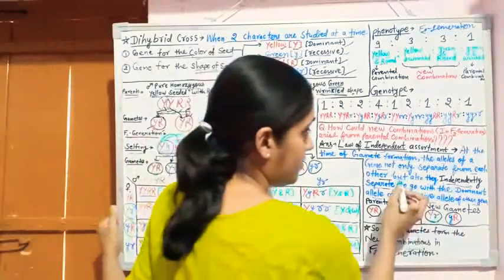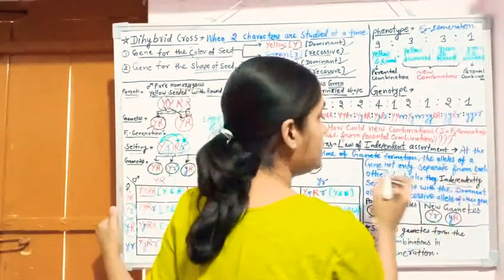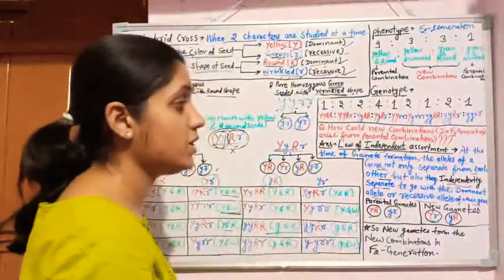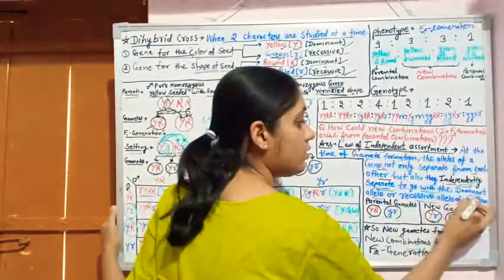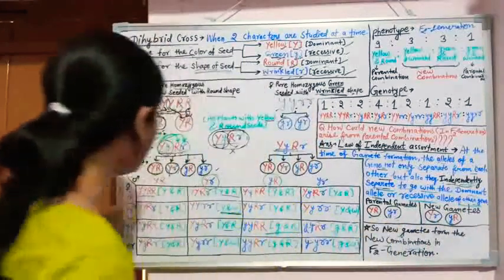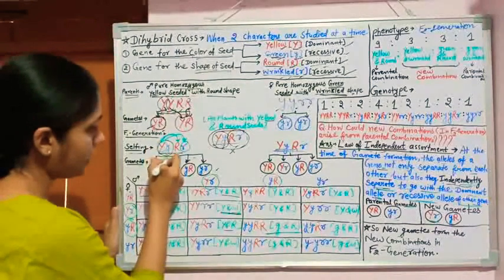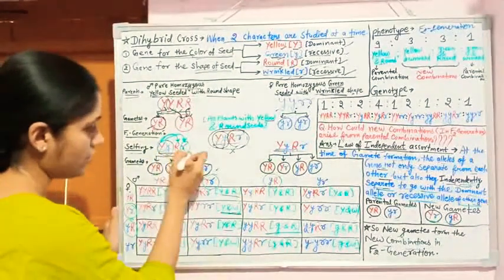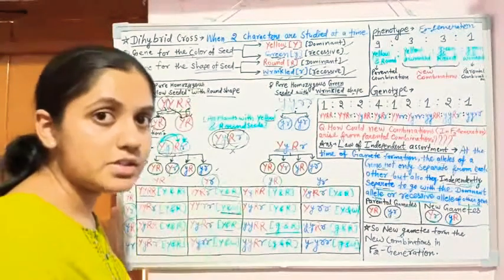So at the time of gamete formation, the alleles of a gene not only separate from each other, but also they independently separate to go with the dominant allele or recessive allele of the other gene. And it is the same for this small y case, capital R, small r. So we can understand by this phenotype.